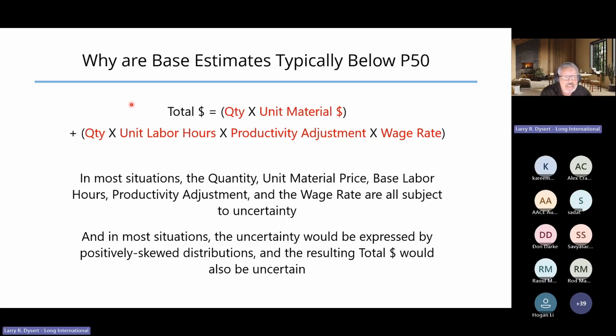Each one of these is subject to uncertainty. The uncertainty around our quantities is also probably a skewed distribution. The uncertainty around our material pricing, or our productivity adjustments, or even the wage rate typically might be a skewed distribution.